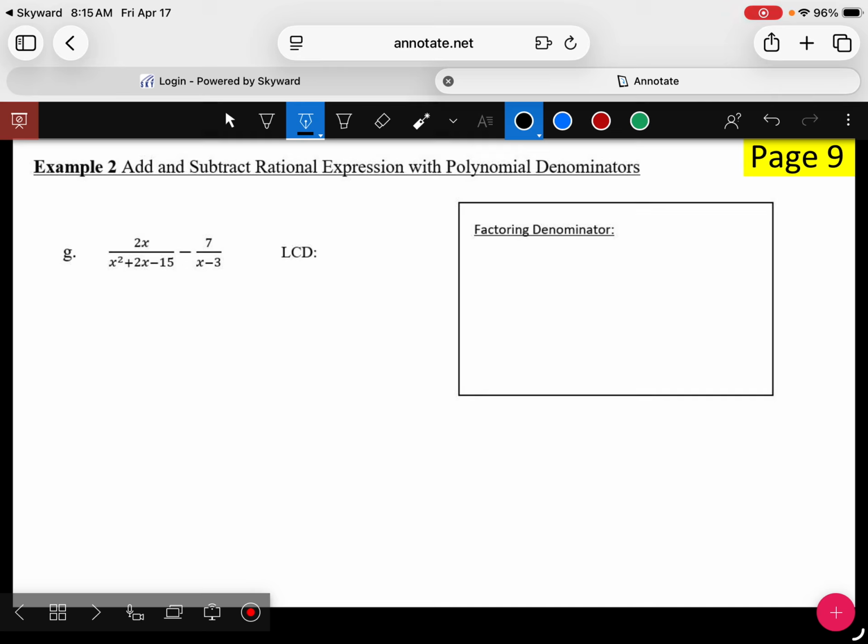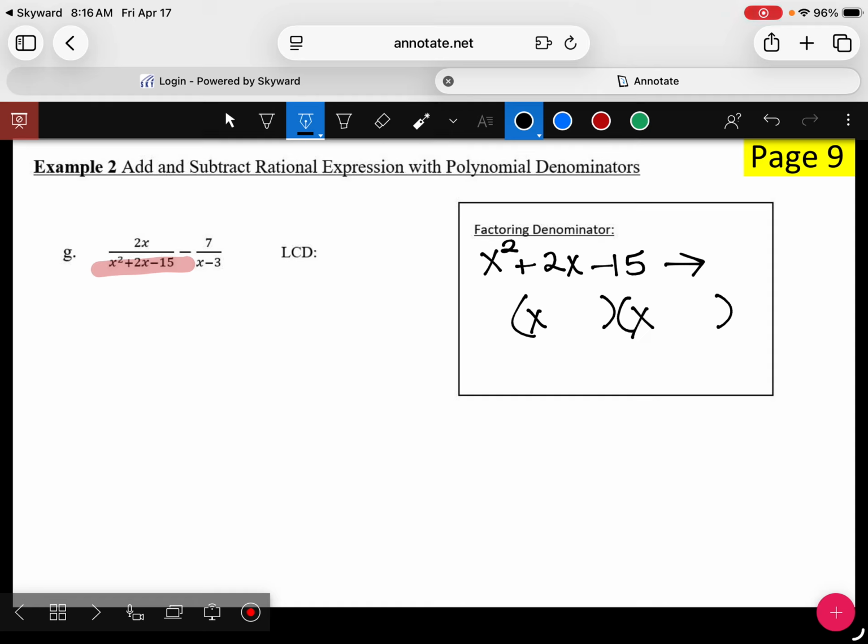So our last question is on page 9, question G. Take a moment and copy this down. Factor that down, see what you get.